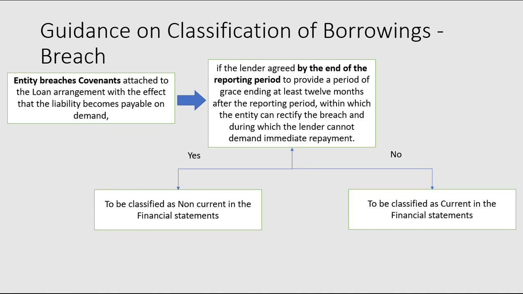There could be such kinds of stipulations, right? So when the entity breaches on the amount which falls due, then the amount financed could get classified as current rather than non-current if the criteria mentioned in this flowchart are not met.